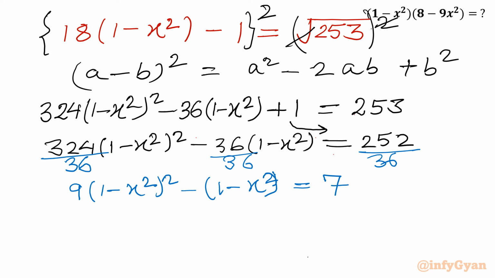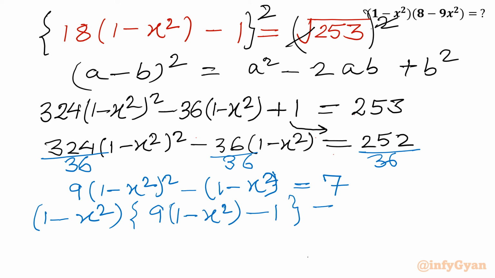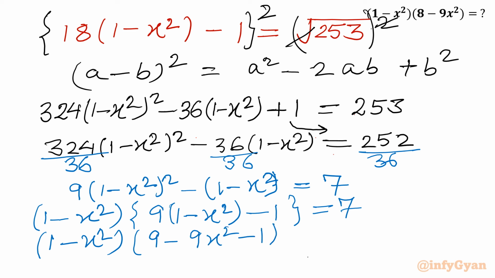Now I can take 1 minus x square common. So in the bracket I can write 9 times (1 minus x square) and then minus 1, and the right hand side will be 7 only. So let us simplify. It will become (1 minus x square) times (9 minus 9x square) and then minus 1. Right hand side is 7.